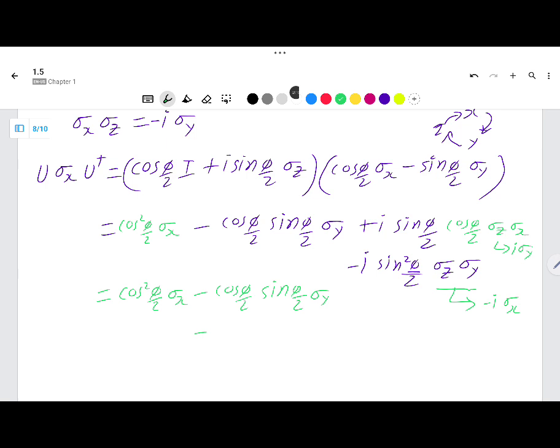So we have cos pi by 2 sin pi by 2 y. So negative y will give me minus minus minus. It will be negative sin square pi by 2 sigma x. Okay.